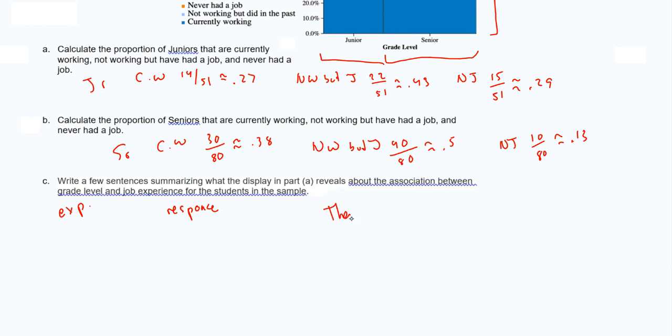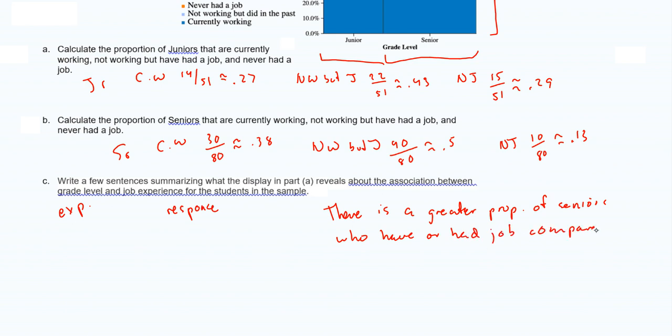There is a greater proportion of seniors who have or had a job compared to juniors.